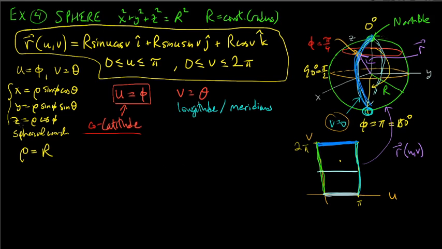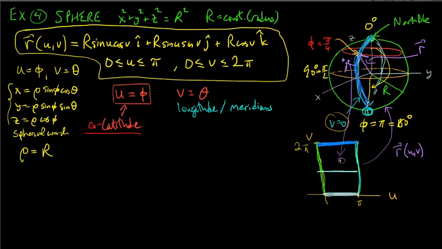So not one-to-one. But to be fair, every point inside the rectangle, say this point here, corresponds to one and only one point on the sphere, and a point on the sphere that's not the North Pole or South Pole or the prime meridian would correspond to one and only one point in the UV plane. Make sense?